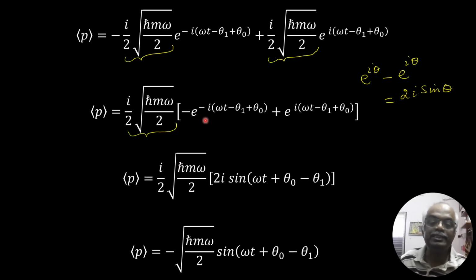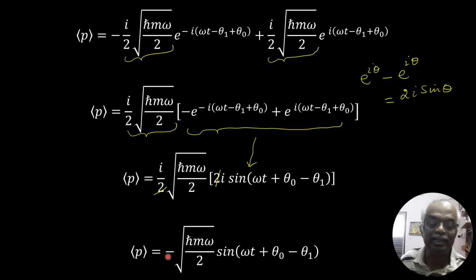Now the entire term inside the bracket can be simplified as 2i sin of omega t plus theta, I brought theta naught first, plus theta 0 minus theta 1. Now here this 2 will get cancelled, and you have i here and i here. i squared is minus 1.